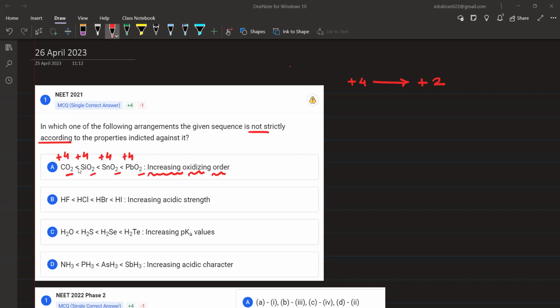All of these are in the +4 state, and if they are acting as an oxidizing agent, they themselves will get reduced, and they will go from +4 to +2. Now, which one of the following is going to go easily from +4 to +2?